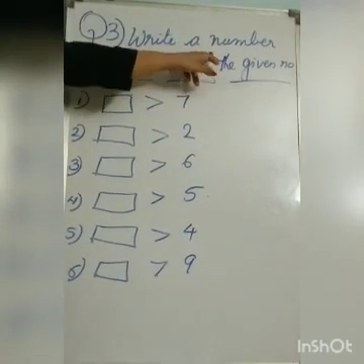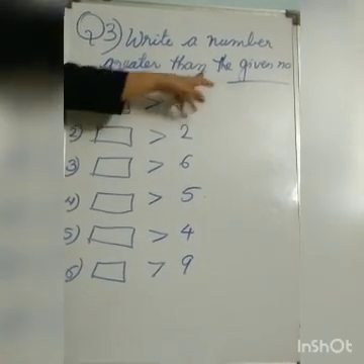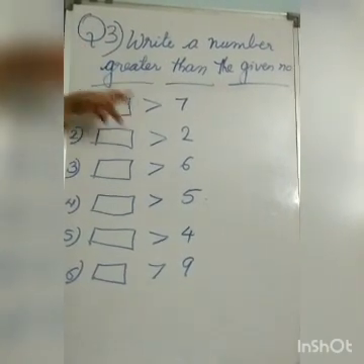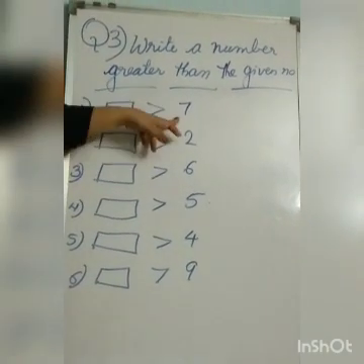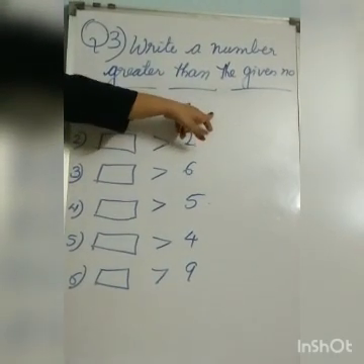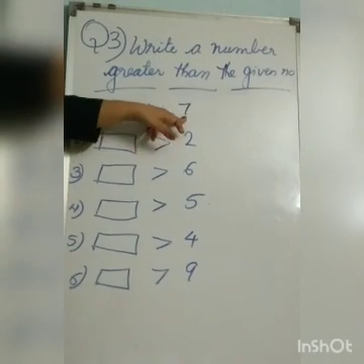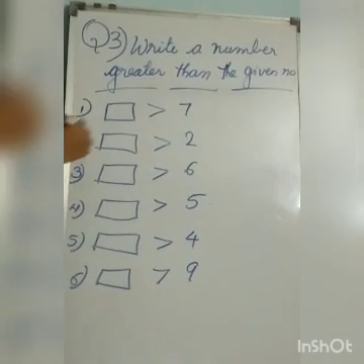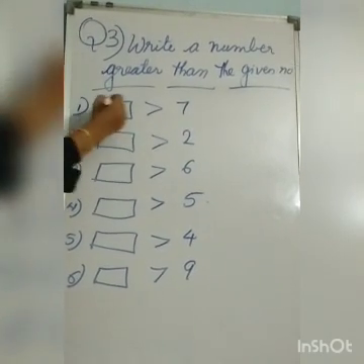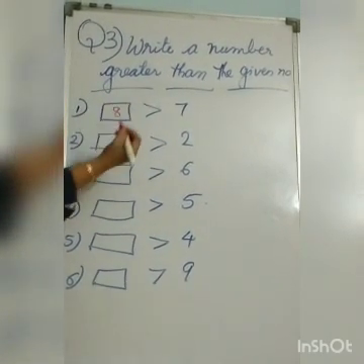Question number 3. Write a number greater than the given number. Like question number 2, you can write any greater number. Here the first number is 7, you can write 8.